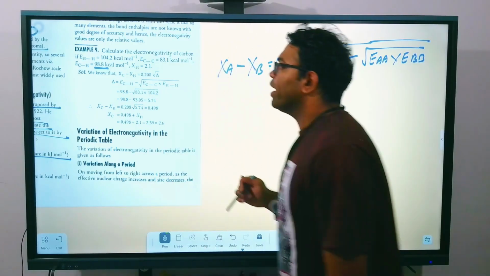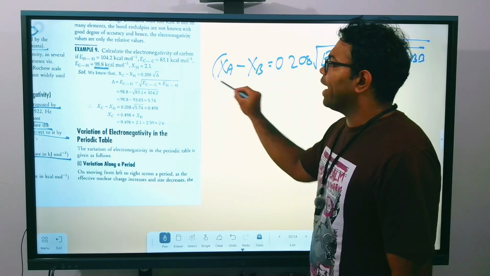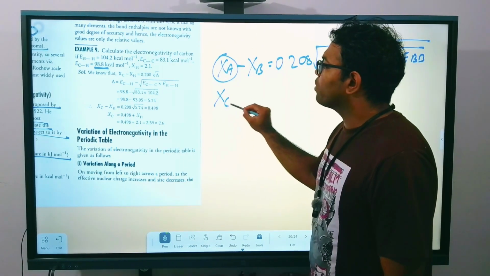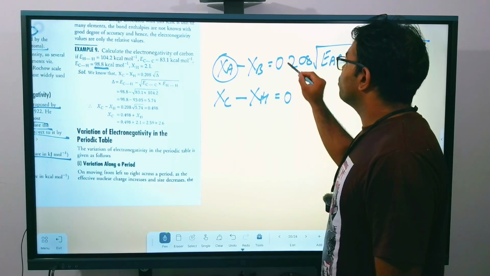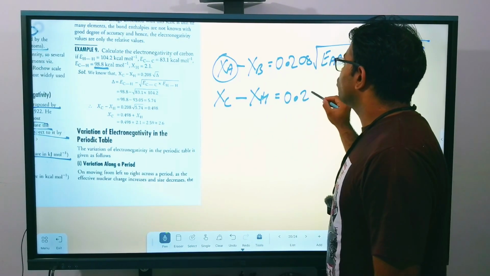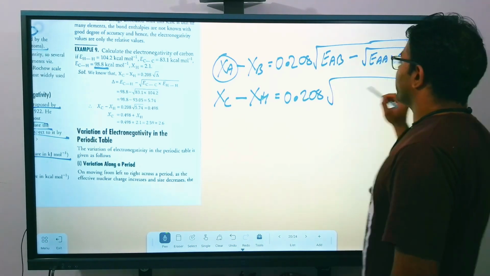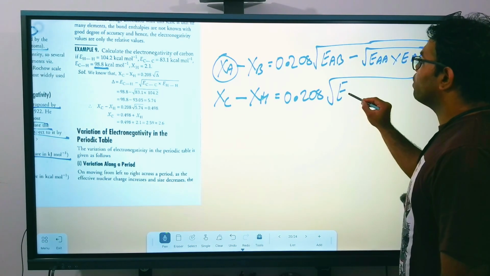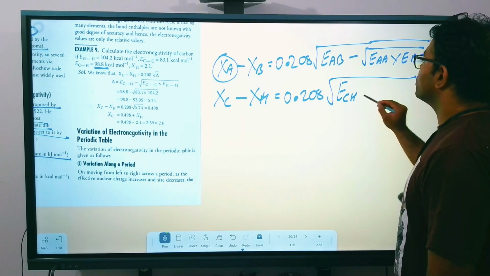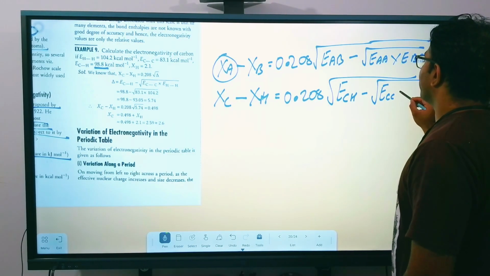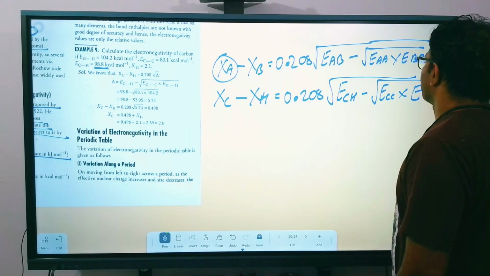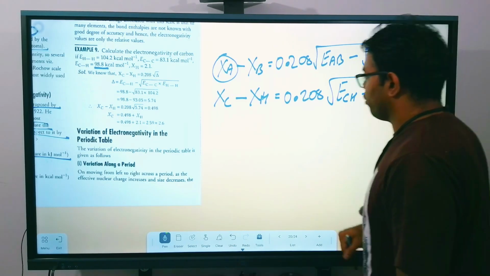So X of carbon minus X of hydrogen should be equal to 0.208 root under the bond enthalpy between carbon and hydrogen minus root under the bond enthalpy of carbon multiplied by the bond enthalpy of hydrogen.